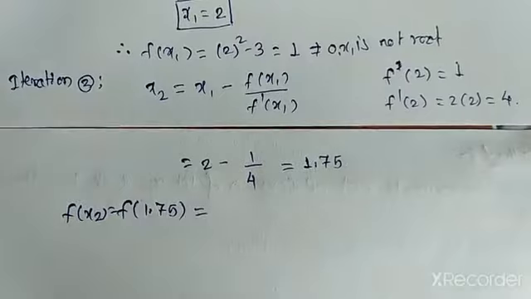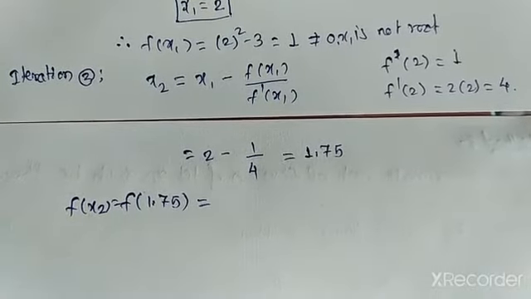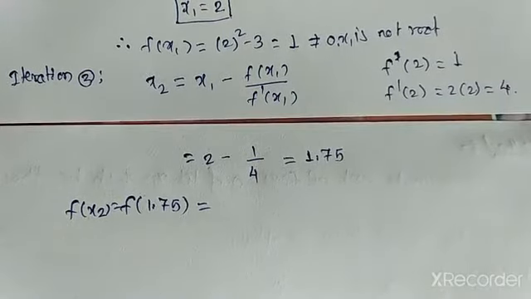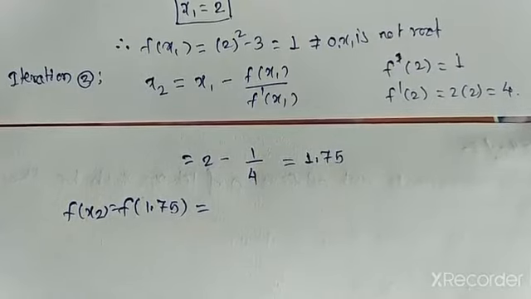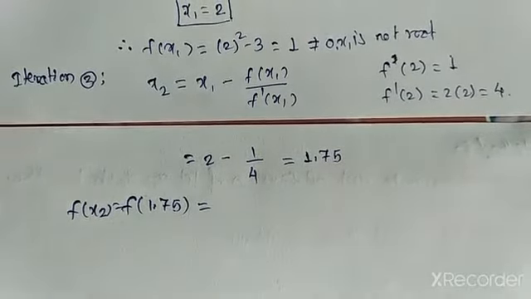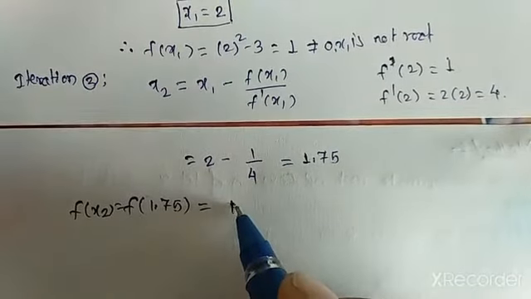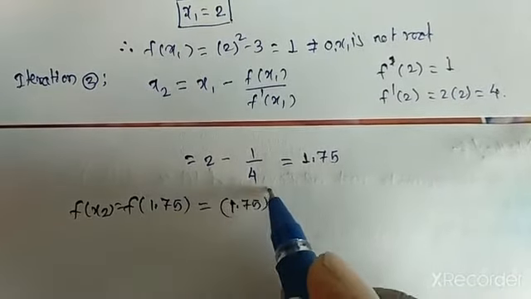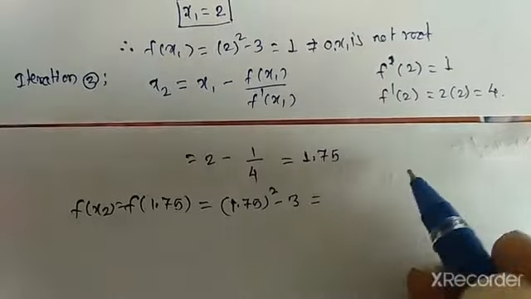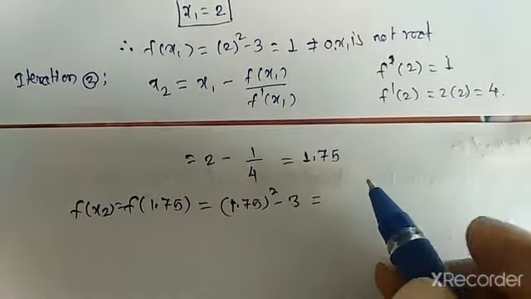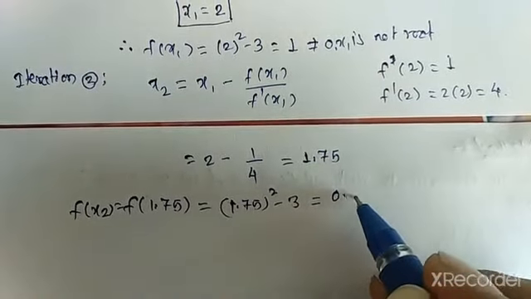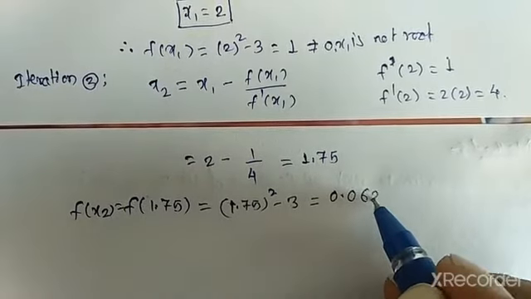So f of 1.75, which is f of x2, is equal to, the function is x square minus 3, which is 1.75 square minus 3, which is equal to 0.0625.